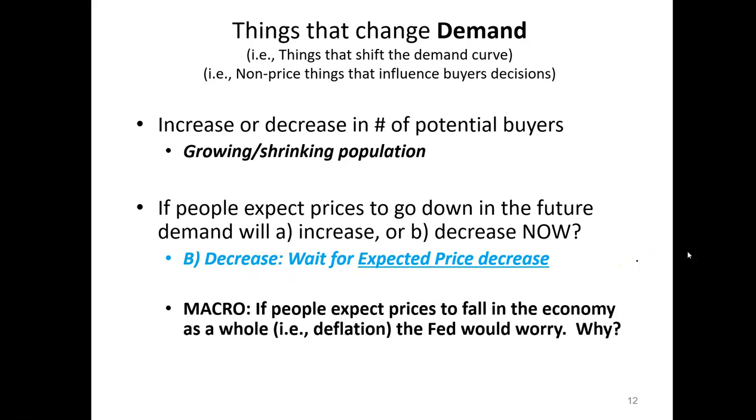Now, from a macroeconomic standpoint, this is why, if I ask students, and I often do, which would you rather have: prices on average go up by 3% or 2% next year, so inflation, or go down by 2%, deflation, on average prices going down? Obviously, individuals are going to say, well, I want things to get less expensive, so I like things going down.